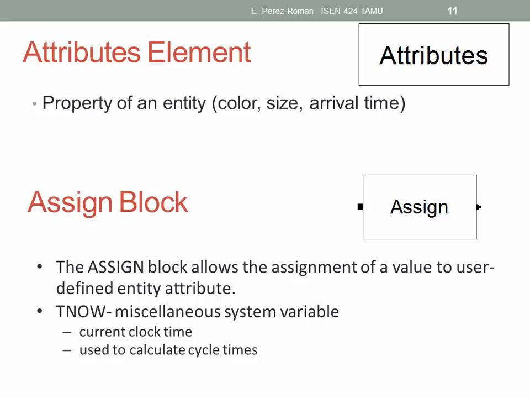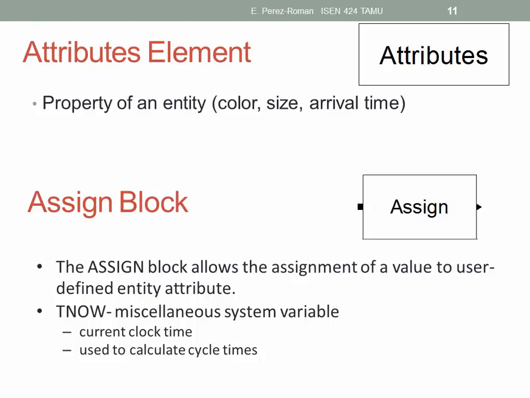They might need to go through different processes or different flow within the company. So in order to make sure that I'm processing the right part, I'm going to assign an attribute, and I'm going to be referring to that attribute when I'm deciding where to send the part. So that's the idea. The assign block will allow you to keep or to define an attribute to the entities, and those attributes are going to be used in your simulation model.